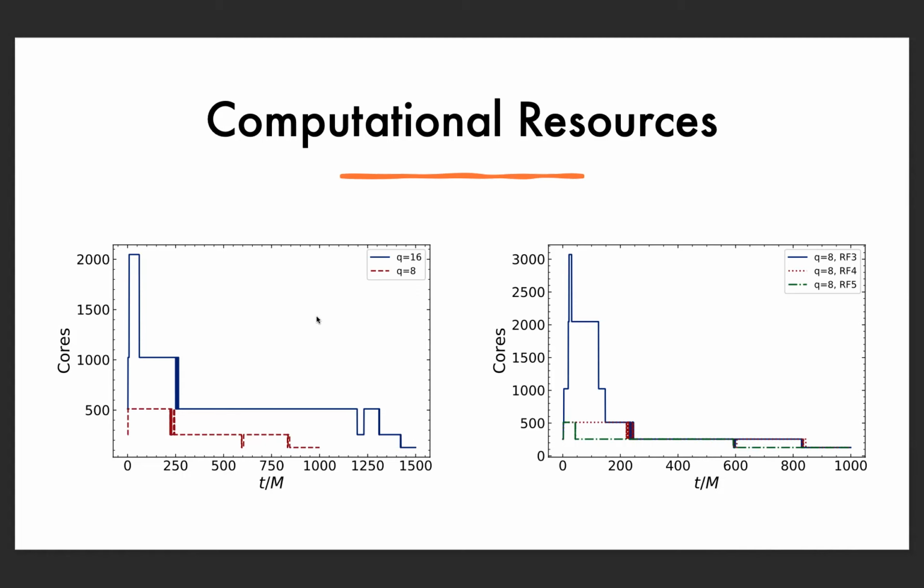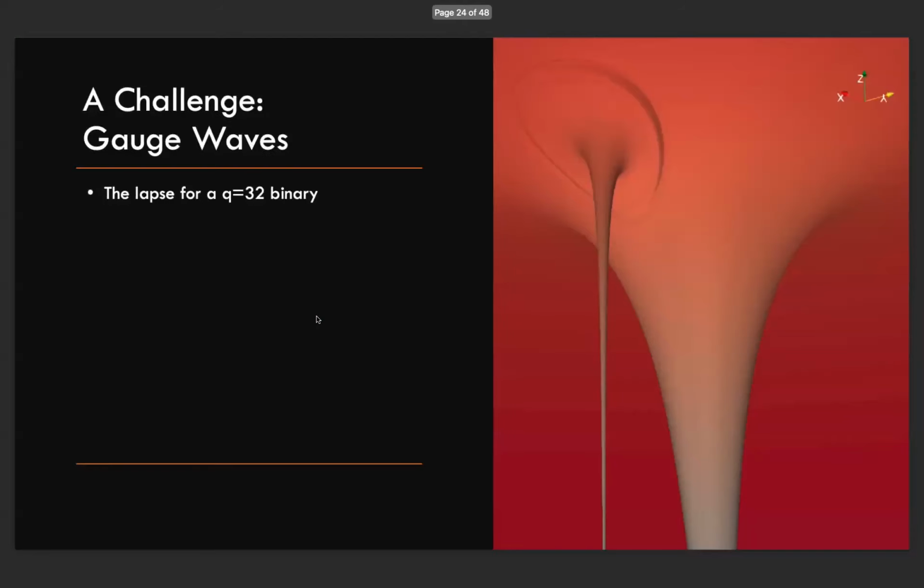The figure on the right shows the time for only the Q equals 8 binary and different refinement functions. I'm going to talk about this now and skip ahead a little bit.